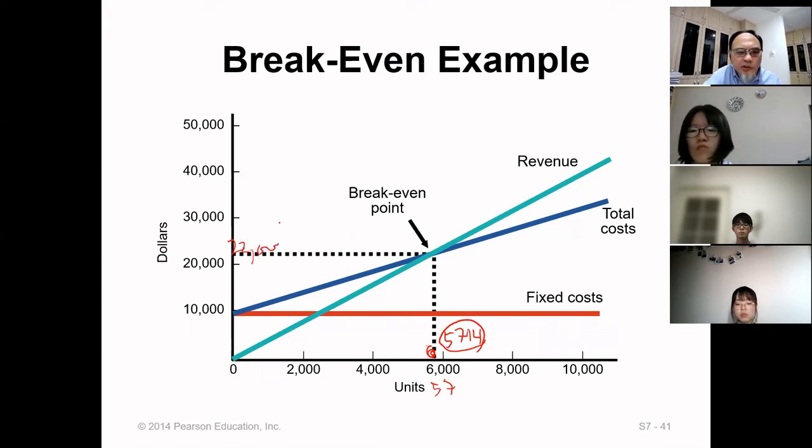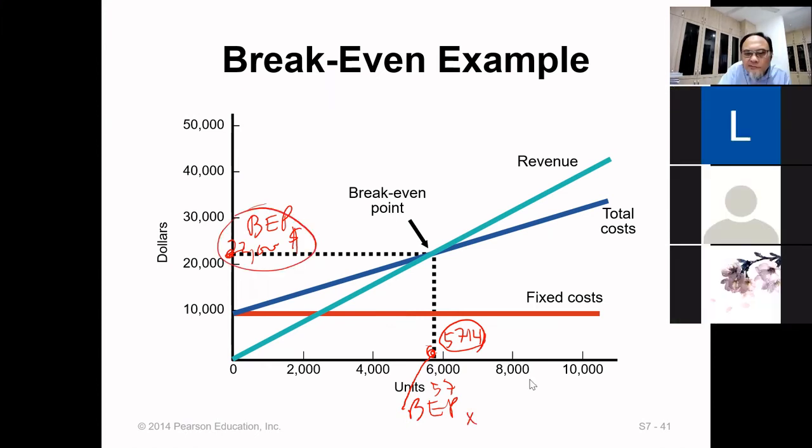So it's nothing but showing these two points: one here, the break-even point in dollars, and this is the break-even point in X units.